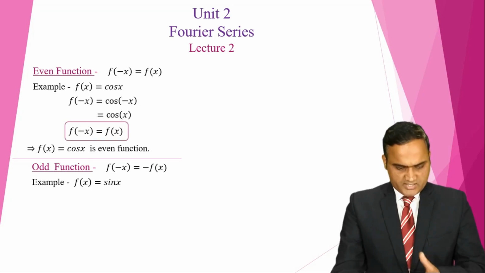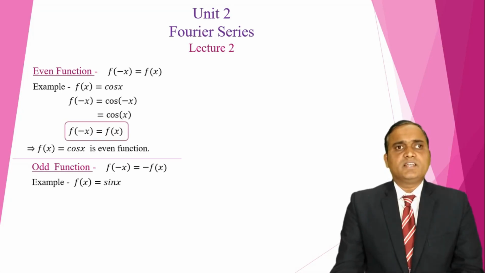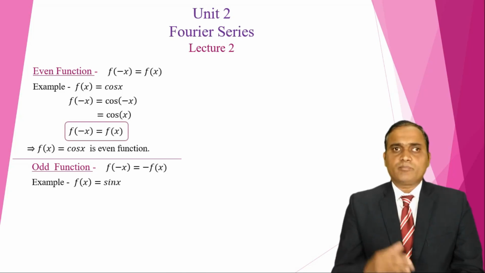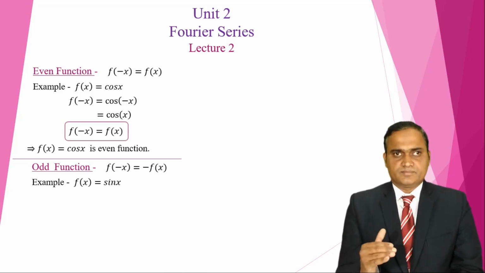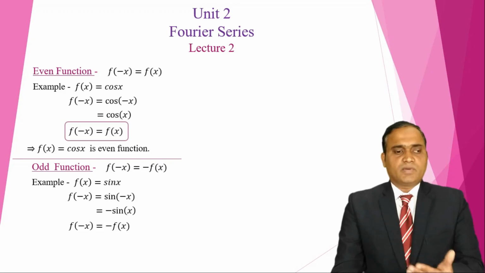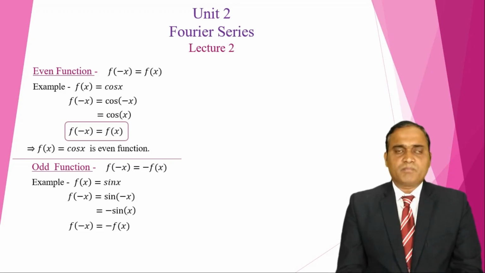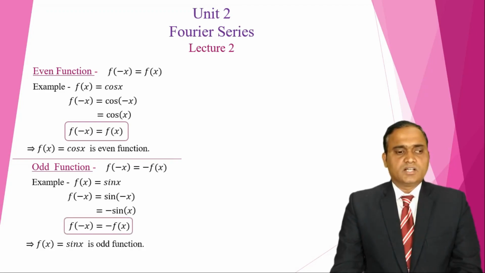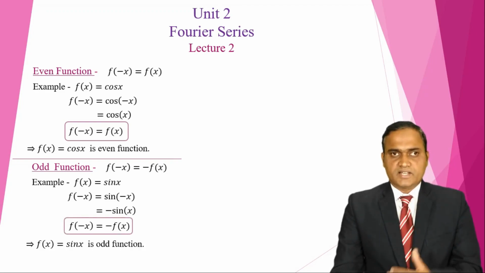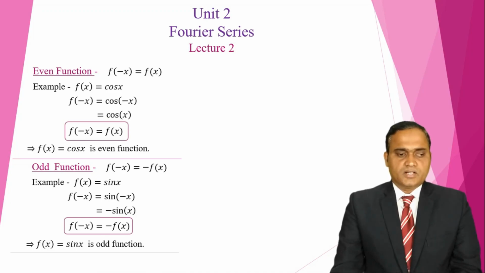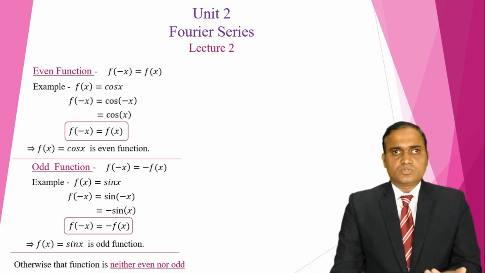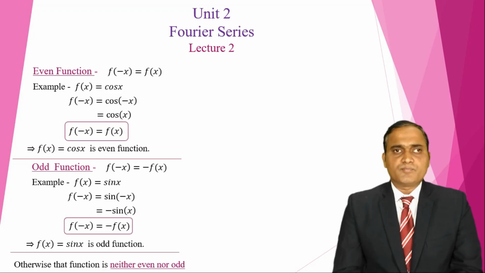Just replace x by minus x, then sin of minus x, and sin of minus theta is minus sin theta. So here we get minus sin x. So f of minus x is equal to minus f of x. So sin x is an odd function. In other cases, we say that the function is neither even nor odd.